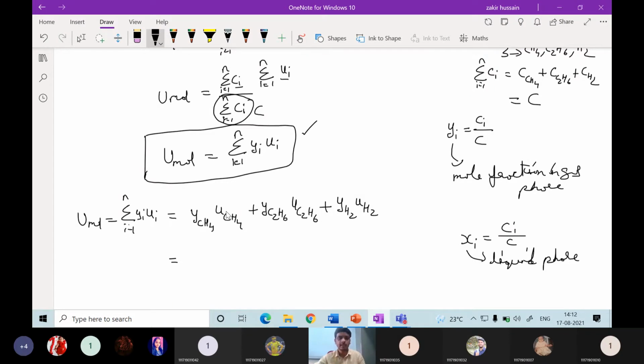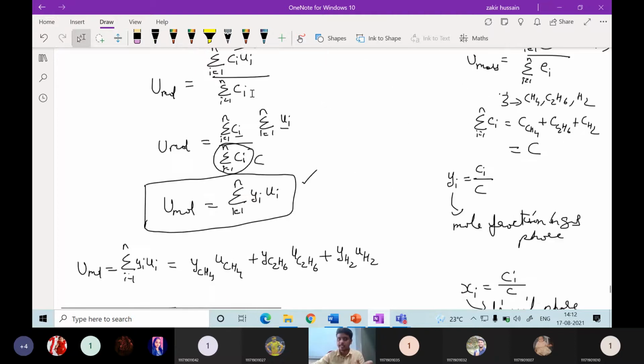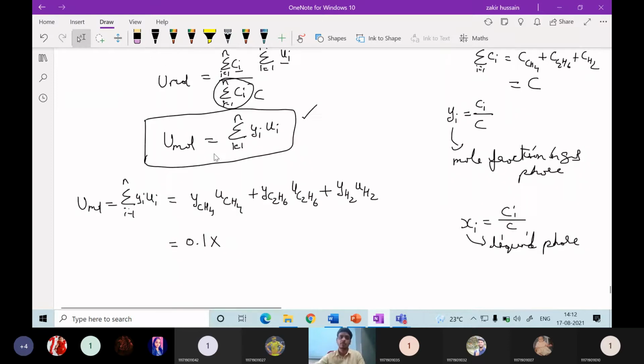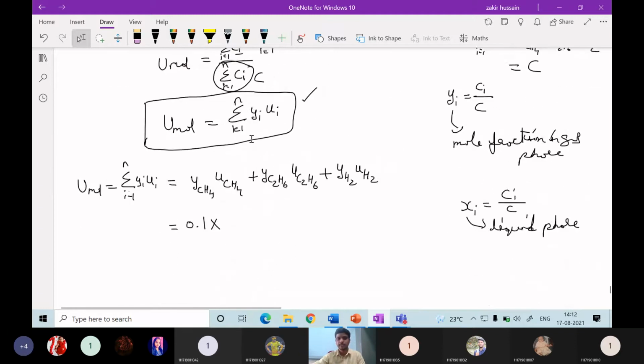So Y CH4 is nothing but, since we are taking 1 mole as a basis, 10 divided by 100, which is 0.1 mole fraction, into U CH4. Velocity of CH4 is minus 10 meters per second.